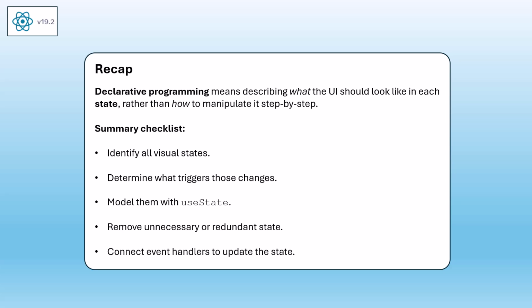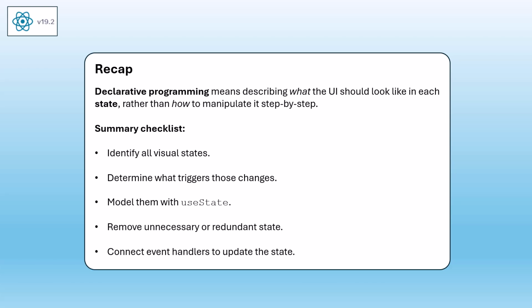4. Recap. Declarative programming means describing the UI for each possible state rather than manually updating individual parts of the interface. When building a component, follow this process. Identify all the visual states. Determine what triggers those state changes, both from human and computer inputs.